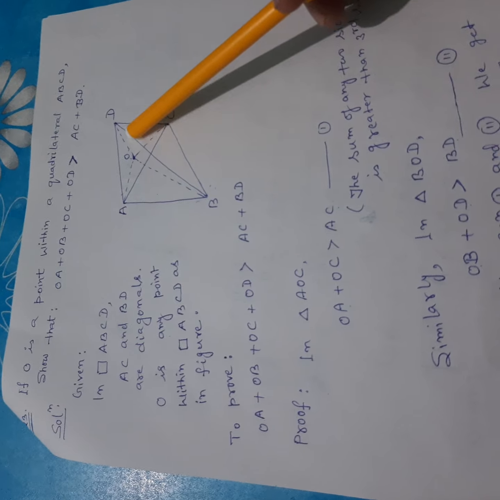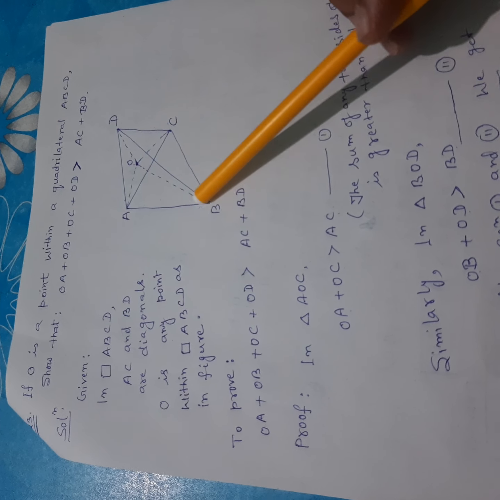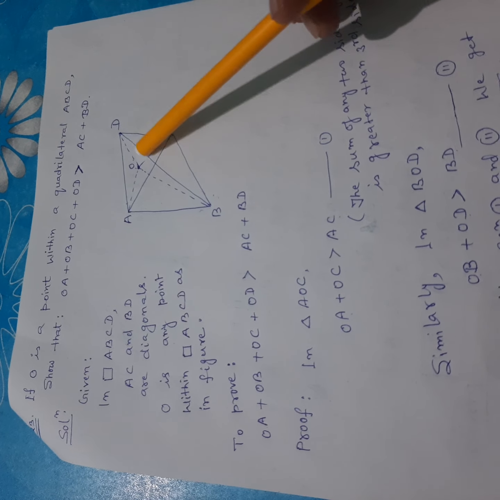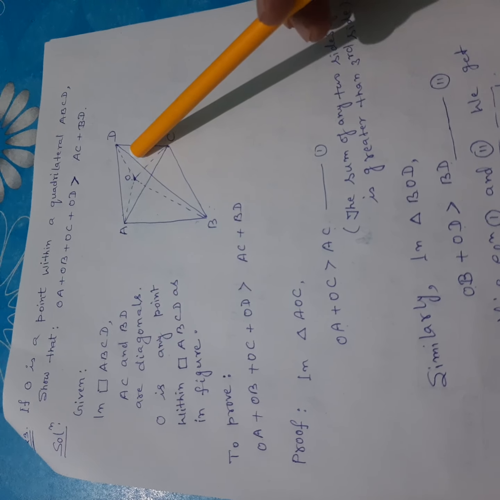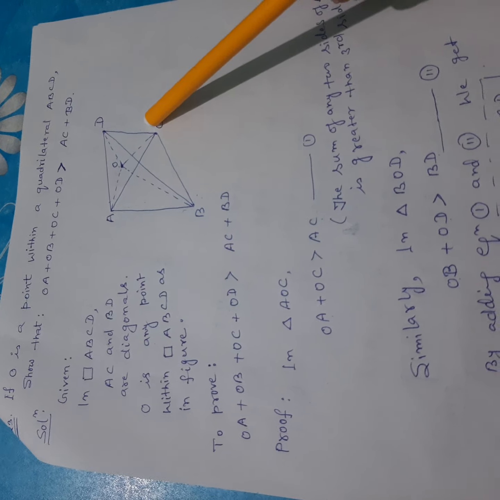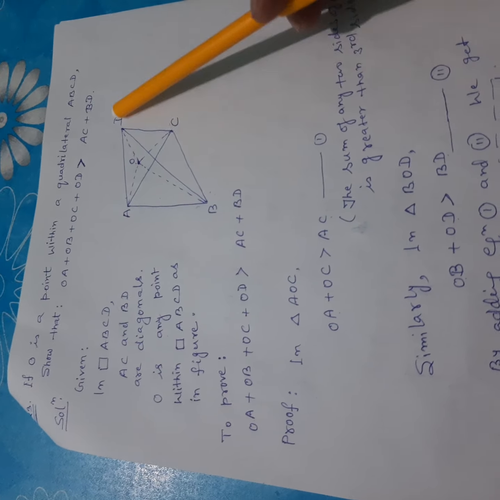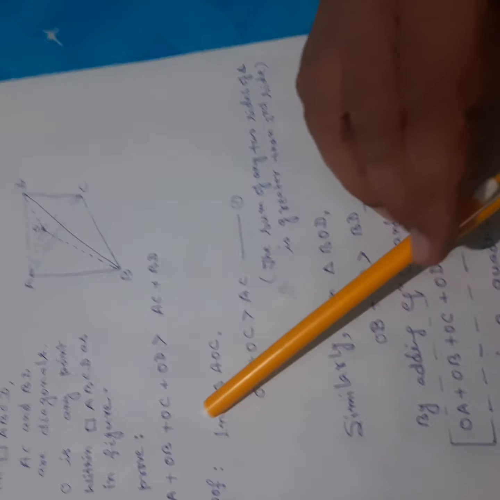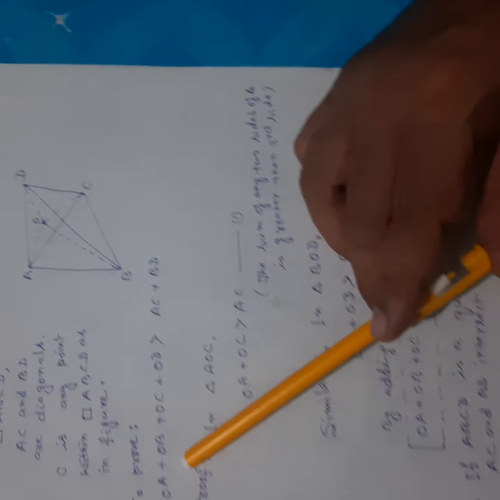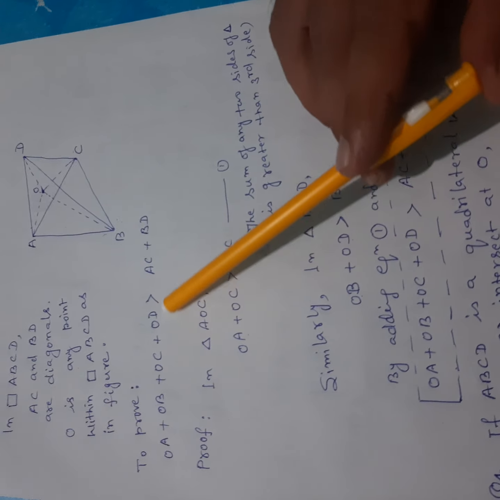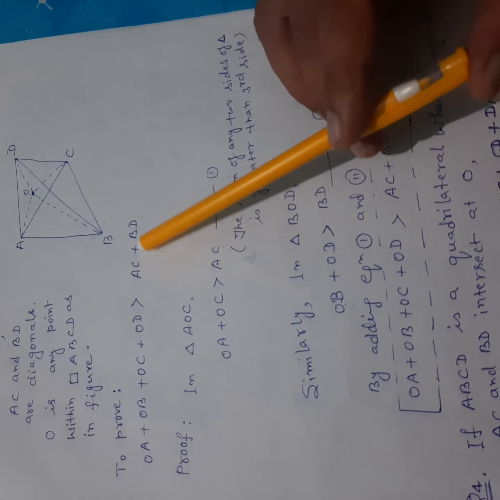But we have to take the point O such that it is neither on BD nor on AC. Now we join points A, B, C and D to O. Here we have to prove that OA plus OB plus OC plus OD is greater than AC plus BD.